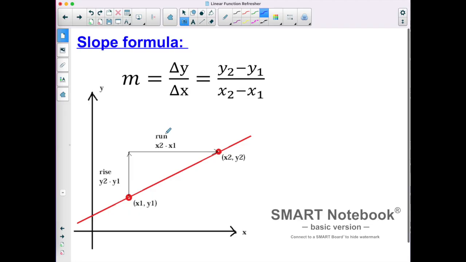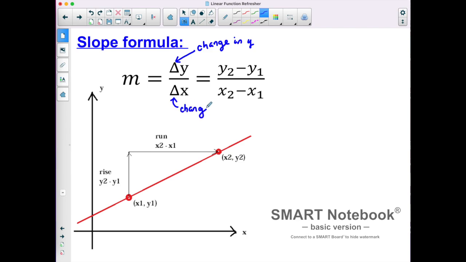That gives us our slope formula that you might be familiar with. In this, we have the change in y over the change in x. Now, I used a Greek letter delta here that is often used to describe the change in something. So this is the change in y over the change in x.